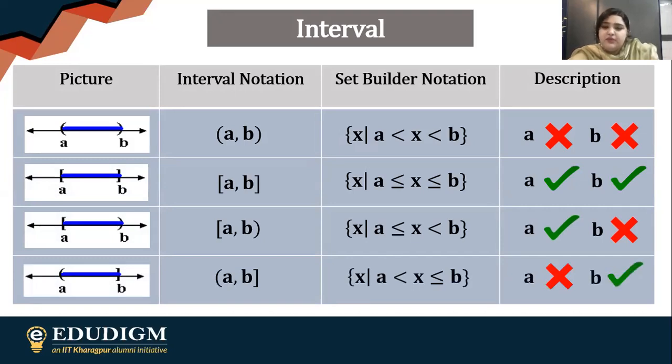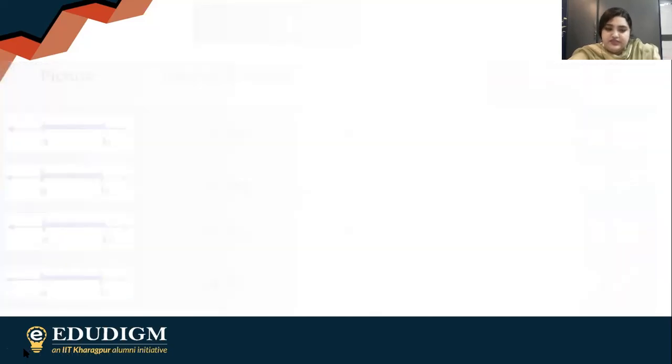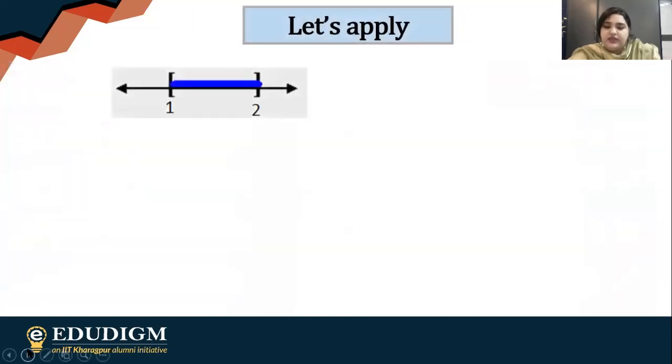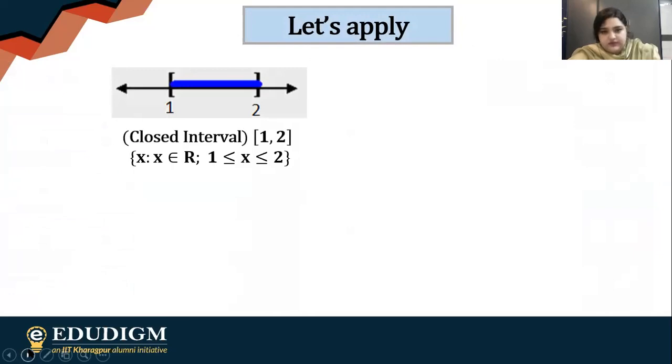So you don't have to memorize all of them. Just remember that if you have it enclosed, you have a closed bracket, which is normally the third bracket we use. Otherwise, it's open, so we don't include it. So you can construct the interval accordingly and also switch between inequalities and intervals as you need. So let's see some examples here. Look at the first one. This is the closed interval 1, 2, so 1 and 2 both are included.